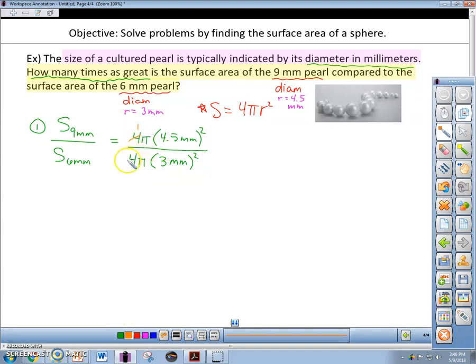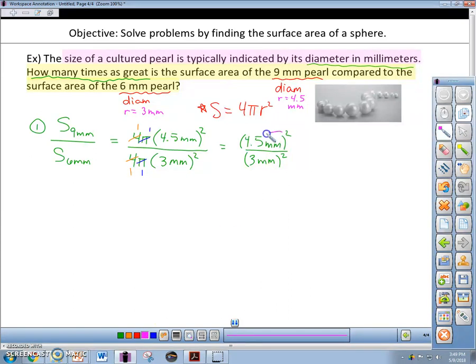So the 4 is reduced to 1. The pi is reduced to 1. And so really now what we are left with is this calculation of the 4.5 millimeters quantity squared divided by our 3 millimeters quantity squared.